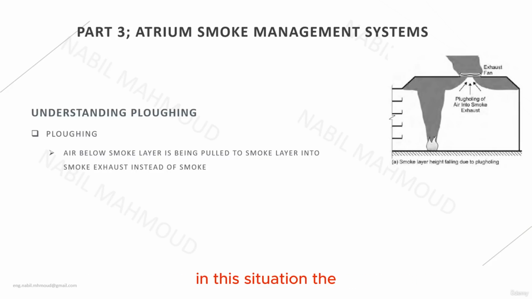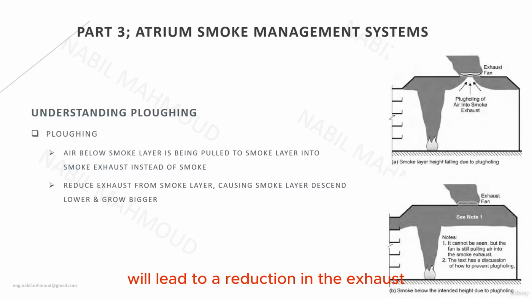In this situation, this suction of the clear or fresh air instead of the smoke through the fan will lead to a reduction in the exhaust of the smoke layer, and this will cause the smoke layer to descend and grow bigger, because the fan is not efficiently sucking smoke, but it's sucking normal air.